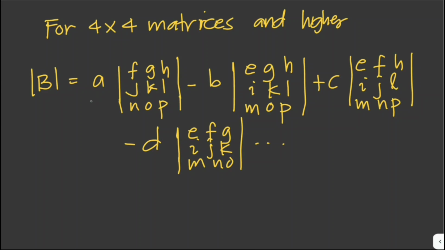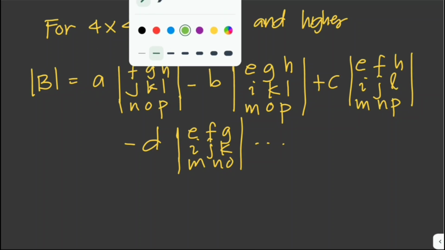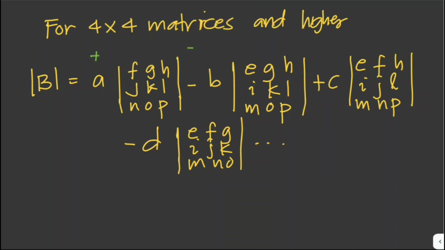Take note of the signs: positive, negative, or plus, minus, and so on. So you start with the first row of the matrices, and then you multiply each of the components there by the determinant of the matrix that is not in that component's row or column, and the pattern just repeats or continues.